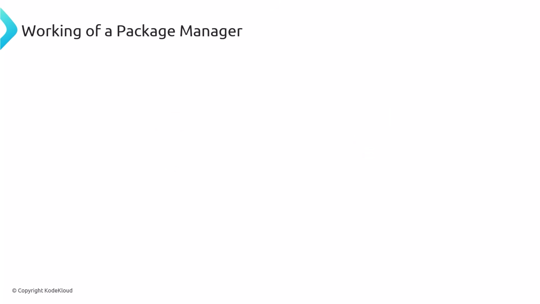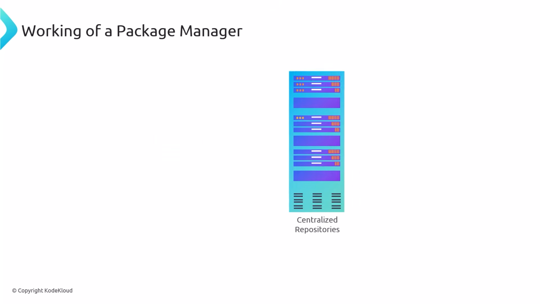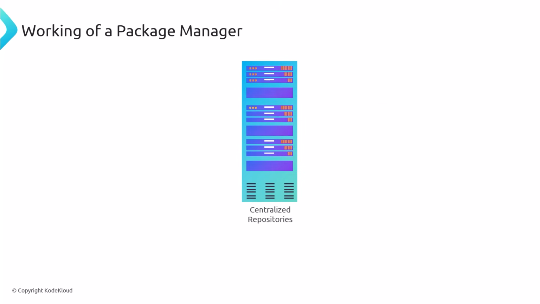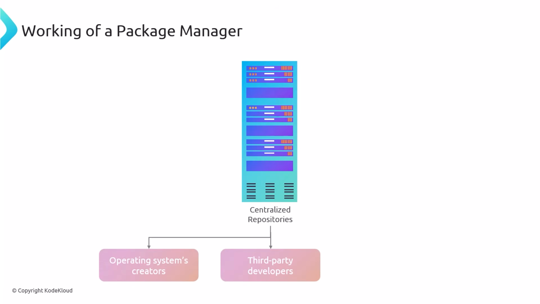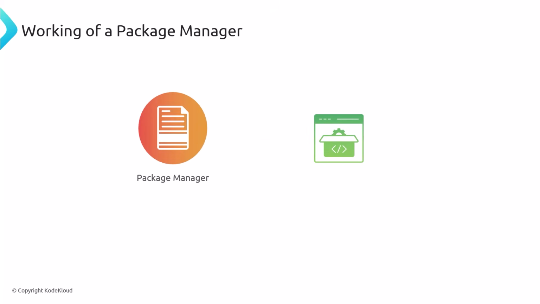Here's how a package manager works. It starts by pulling software packages and their details from centralized repositories. These repositories are often maintained by the operating system's creators, third-party developers, and open source communities, like Nginx Open Source Core, for example. When you choose to install a package, the package manager automatically checks for any other software, known as dependencies.